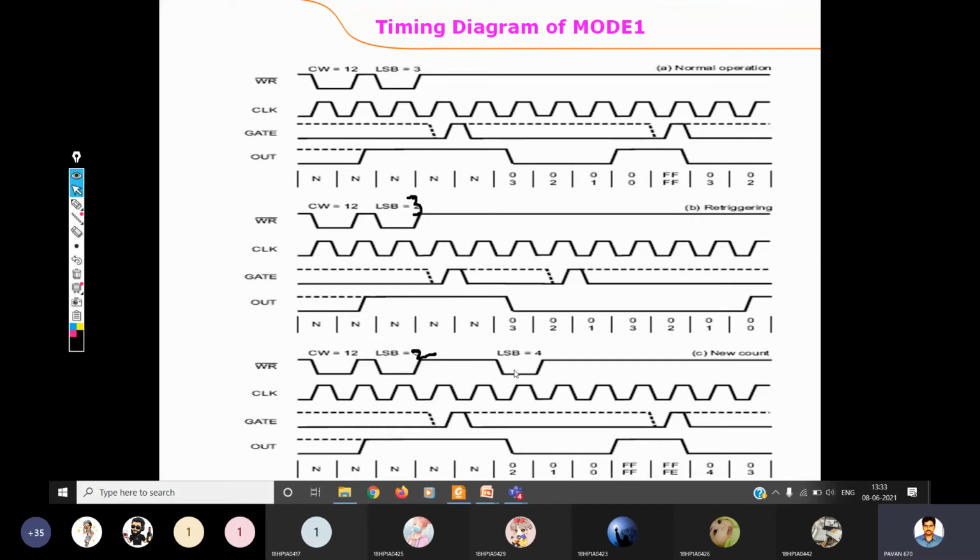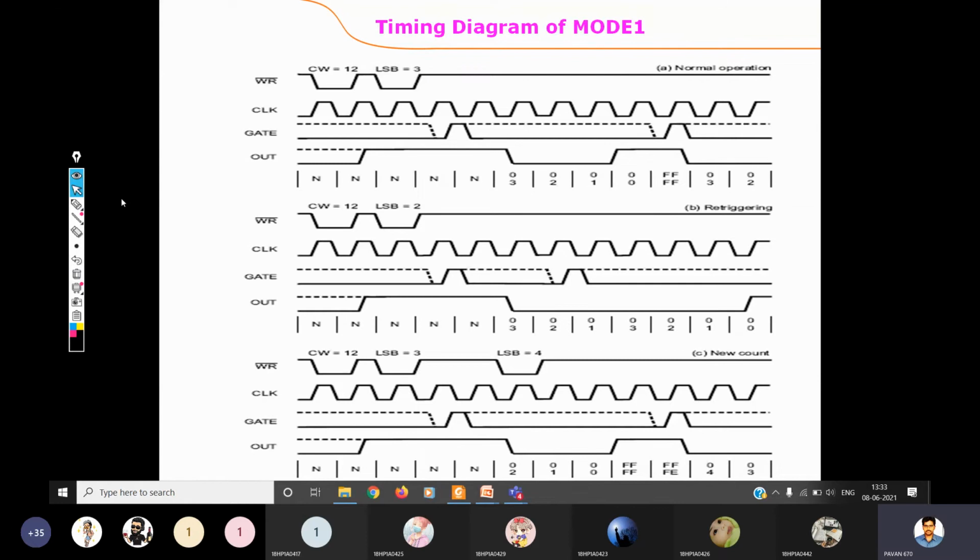But in the meantime, a new value is trying to get loaded into the counter register, but it will not be allowed till another trigger is observed from the gate. So if the gate triggering is enabled again, only then is a new value loaded, otherwise the past values will keep on repeating. Since a triggering happened here, this value will be loaded, and from the next negative edge of the clock cycle it is 4, 3, 2, 1, like this, the count will be updated.